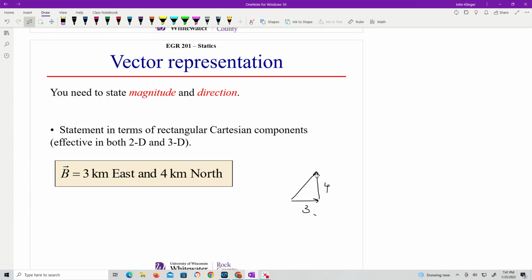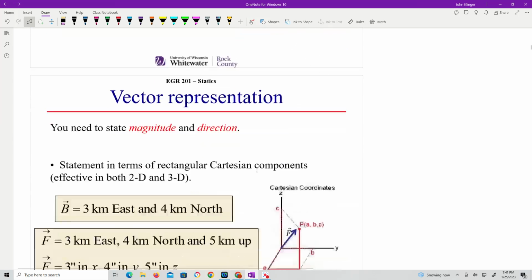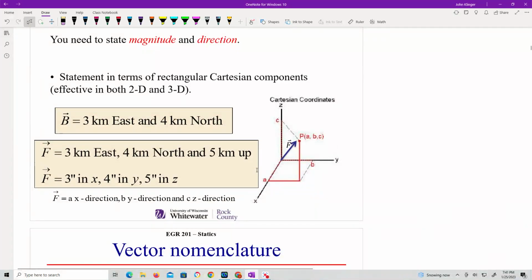So this is this direction here, and this is, of course, 5 kilometers, because it's a 3, 4, 5 triangle. You can also do it in 3D. We could say east, north, and then up, or we can just give it in some X, Y, Z coordinate system. So this is our Cartesian way of representing it.